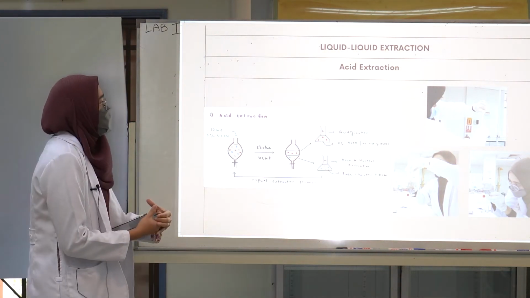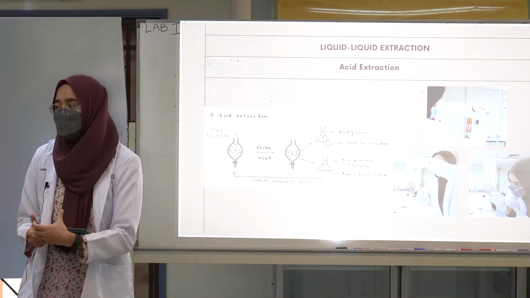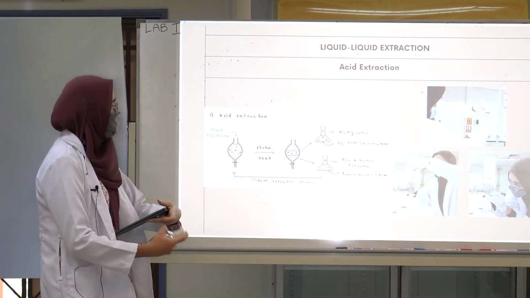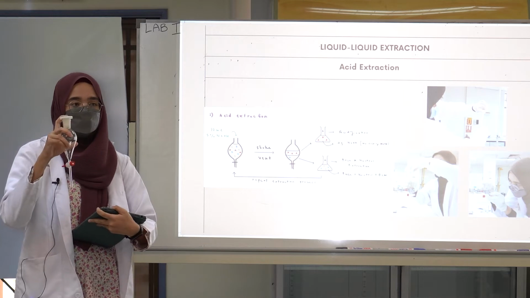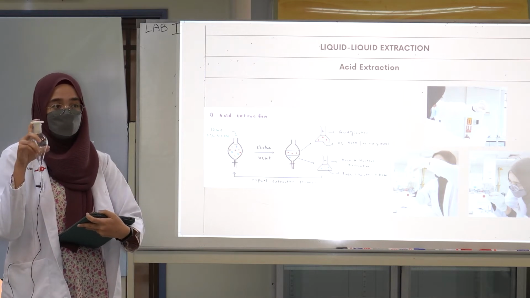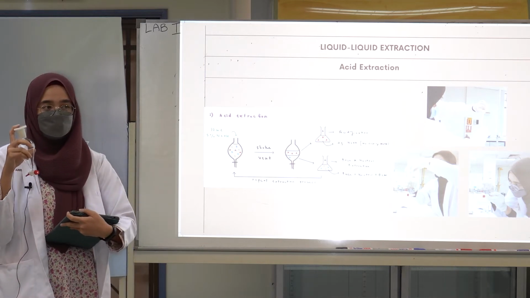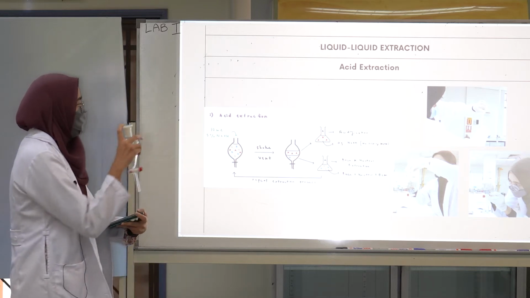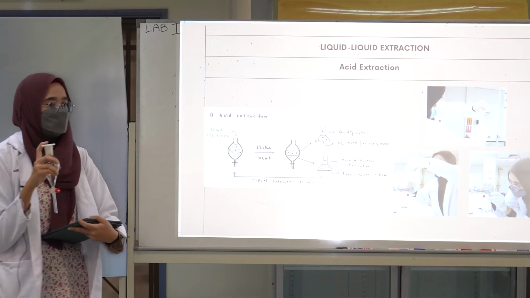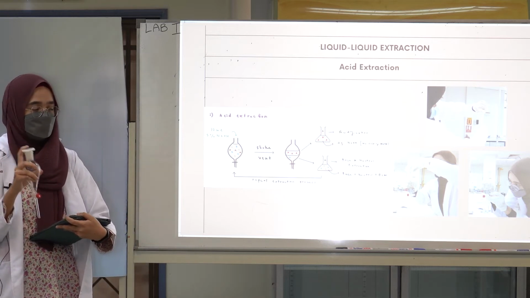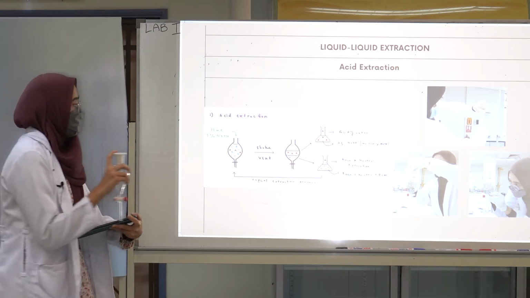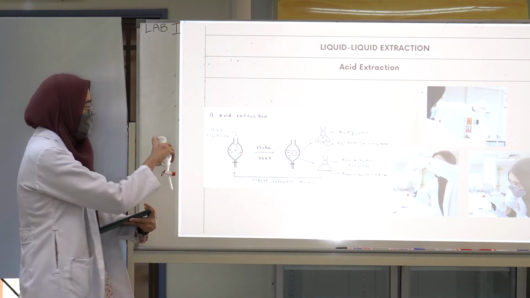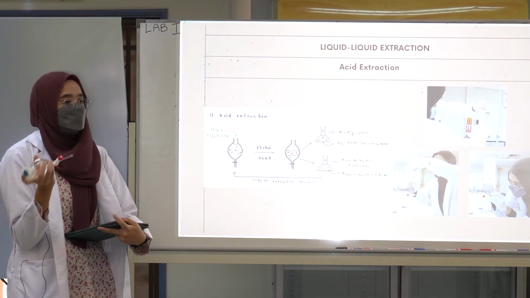Okay, next, we're going to start with acid extraction. Just now inside this separating funnel, we have the 3 compounds, 0.5 together with 10 milliliter of DCM. We want to extract the acid now, so we put 10 milliliter of 5% NaOH, which is an aqueous base, into our mixture. Right after you put the NaOH inside, you have to shake and vent.